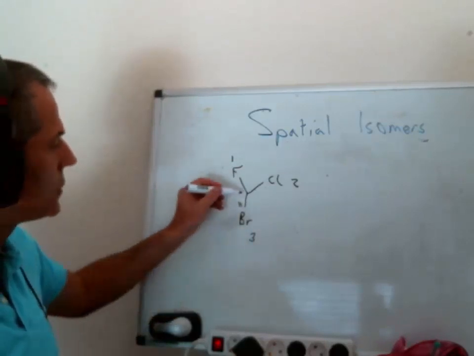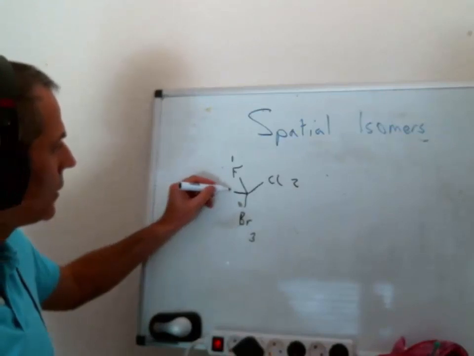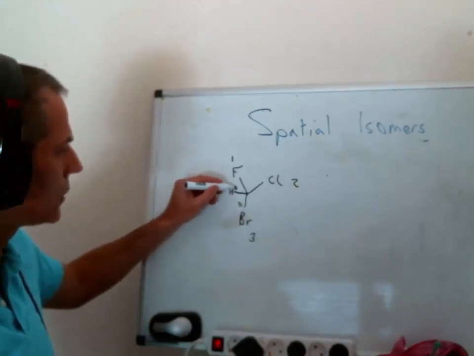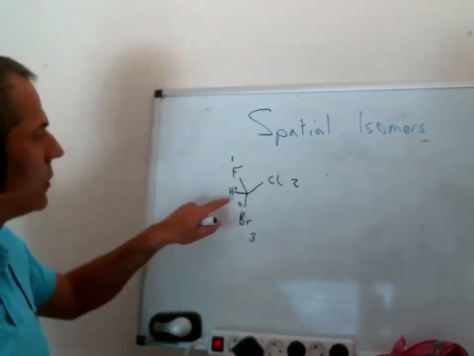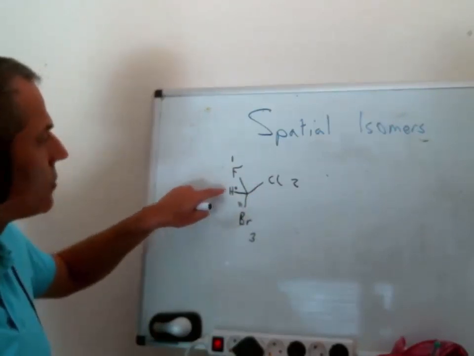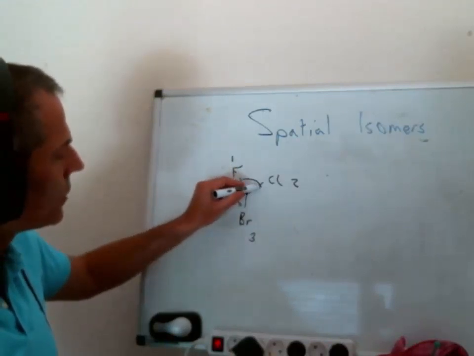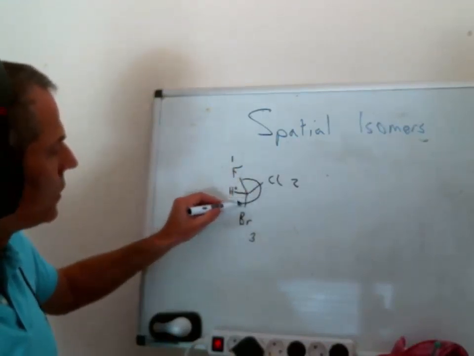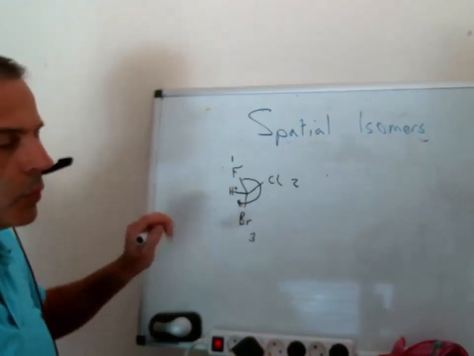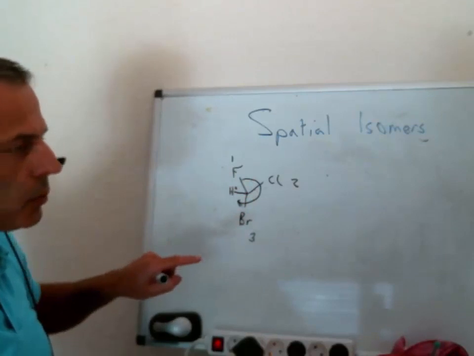If we organize it so that the 4th bond is going away and it's a hydrogen, so it's effectively 0, the lightest one of these 4 substituents. If we take the lightest one, we point it away from us, we can look at these and see relatively simply that this molecule has a clockwise direction of mass as they go up.